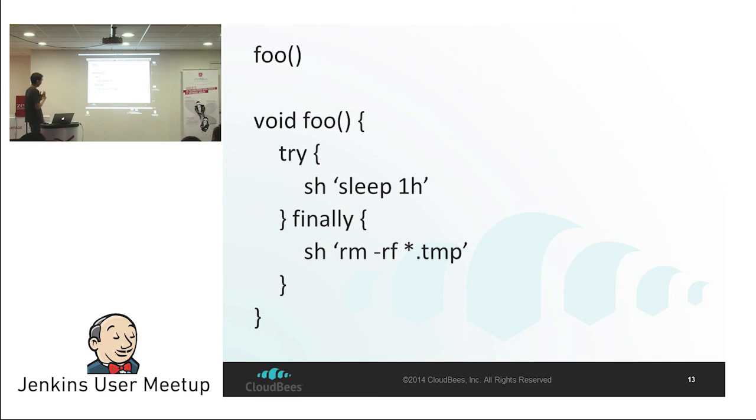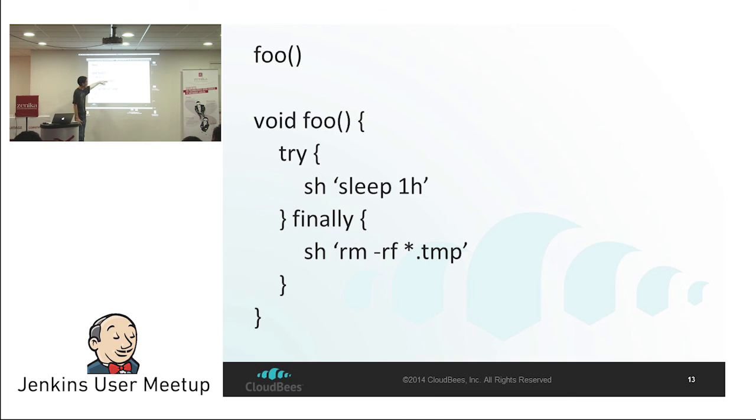To get a sense of why this is so tricky, imagine this is the workflow script, and we call into this function, which basically just waits for 1 hour, and imagine this is the actual build. At the end, regardless of whether this succeeds or not, we're going to do some cleanup.